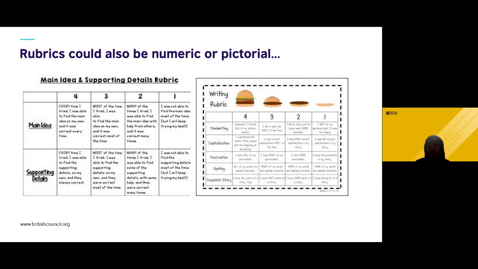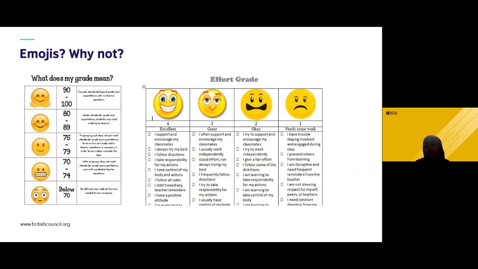Can we use emojis and other pictures in the rubrics? Yes, you can. Why not? So you can have a range of emojis, especially if you're trying to get how the students feel about the lesson or how they feel about their understanding. And actually you can combine the emojis or the pictures with the numbers, and you can also combine that with some labels or brief descriptions like need some work, great, excellent, okay.